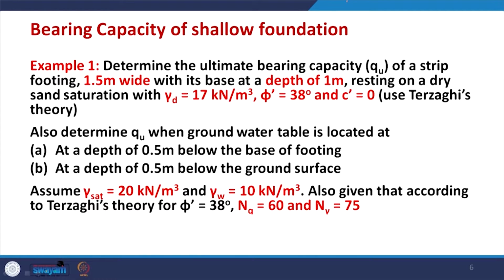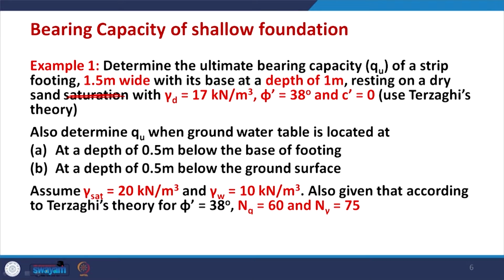So, it is under the category of shallow foundation, and the footing is resting on dry sand, with unit weight gamma d equal to 17 kilonewton per meter cube, the dry unit weight, and the effective angle of internal friction is 38 degree, and being sandy soil, the cohesion C is 0.